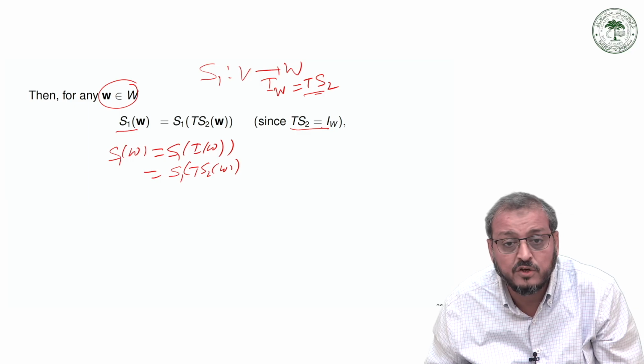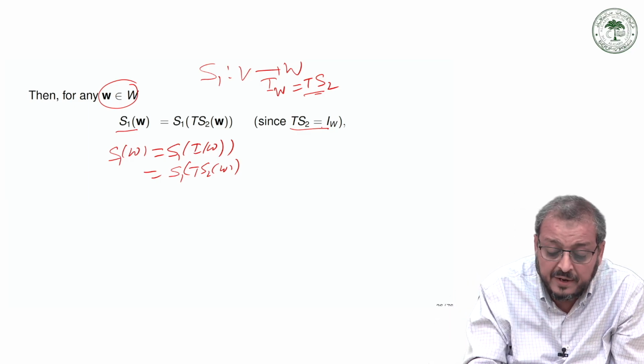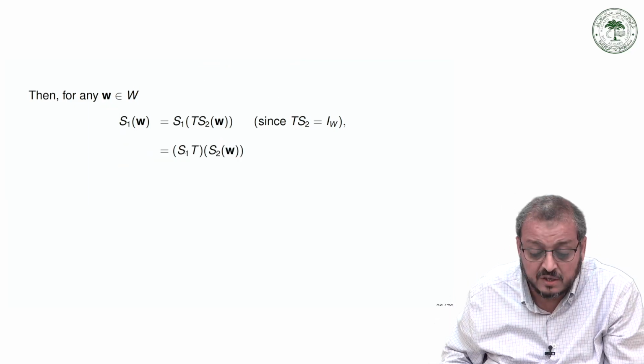Now we use the condition that S1T is the identity.